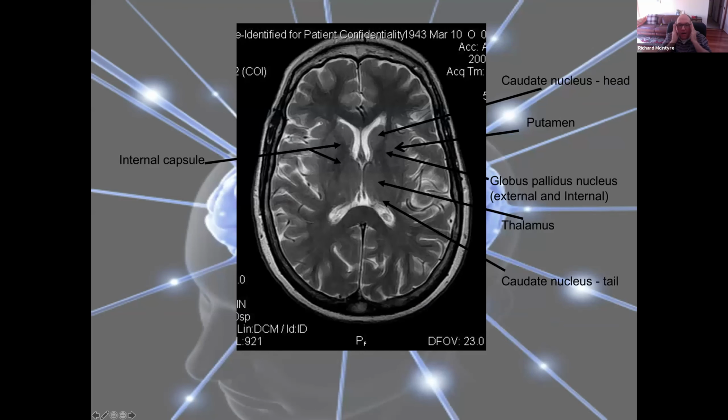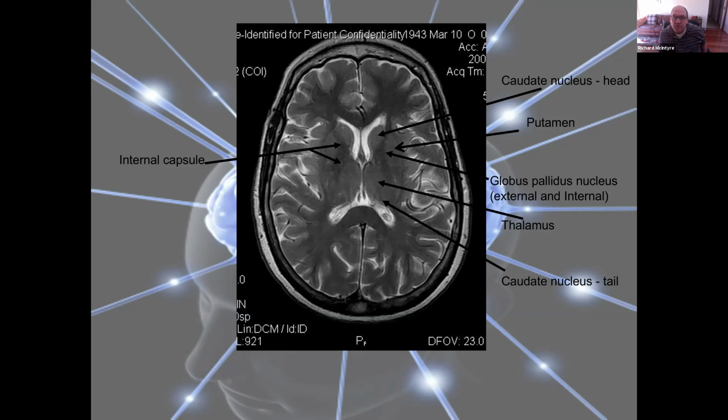Now we've got our other little structures that we looked at before. We've got the internal capsule. The internal capsule is a bundle of nerves. Essentially it's a space that the white matter tracts come through and deliver messages up and down through the brain.